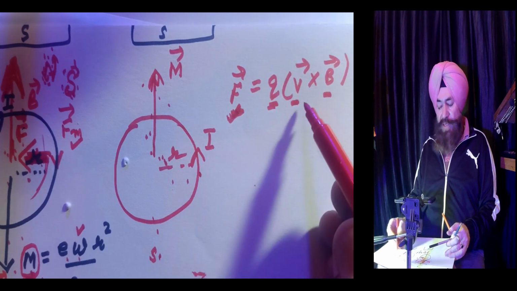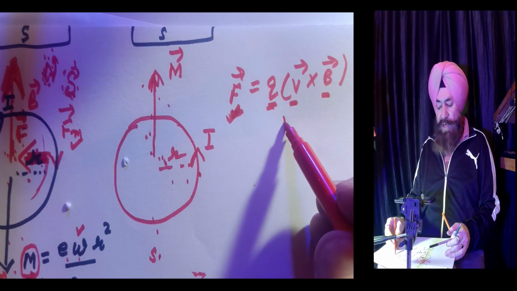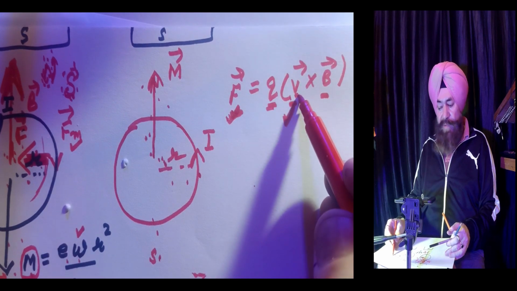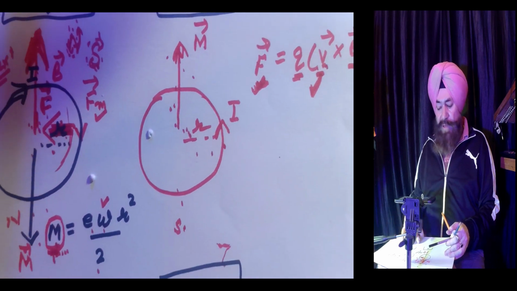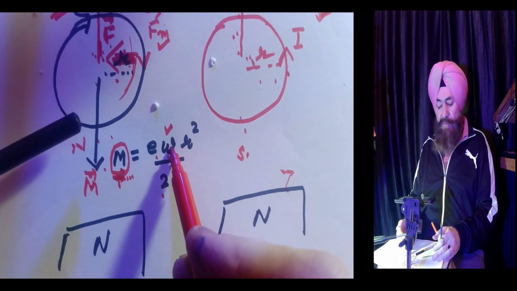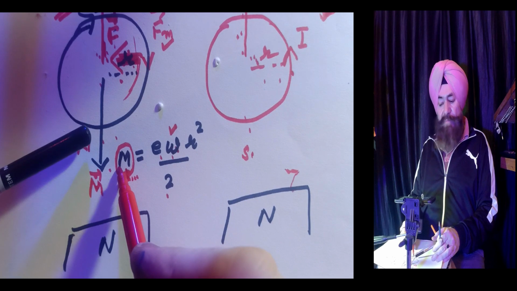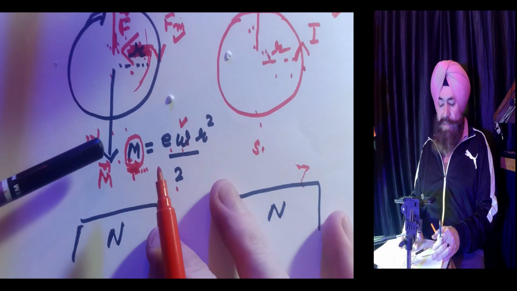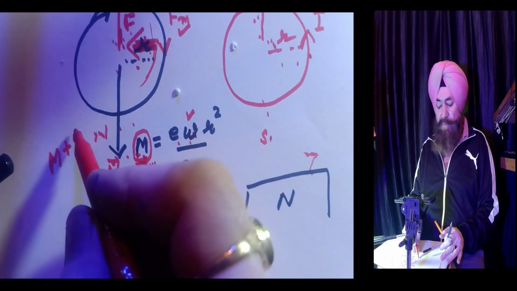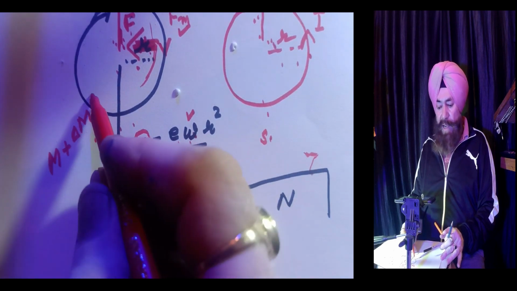When this force increases, it will in turn increase the velocity of the electron. When velocity increases, omega increases. When omega increases, magnetic moment increases. So magnetic moment increases, becomes m plus delta m.